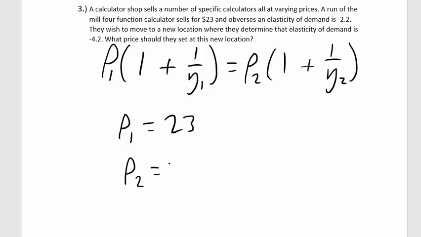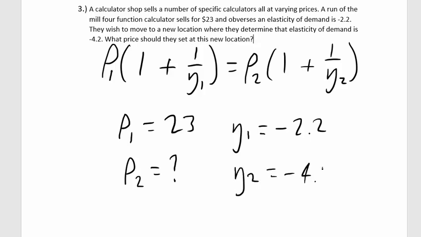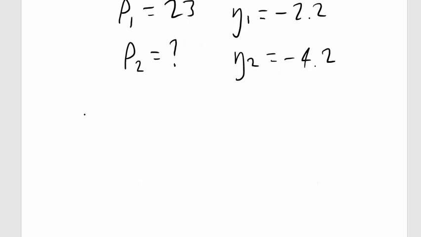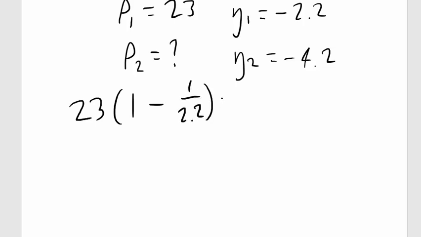Price 2, we don't know. The elasticity of 1 is negative 2.2, and the elasticity of 2 is negative 4.2. So if we start plugging things in, we would have 23 times the quantity of 1 minus 1 over 2.2, and that is equal to P2 times the quantity of 1 minus 1 over 4.2.